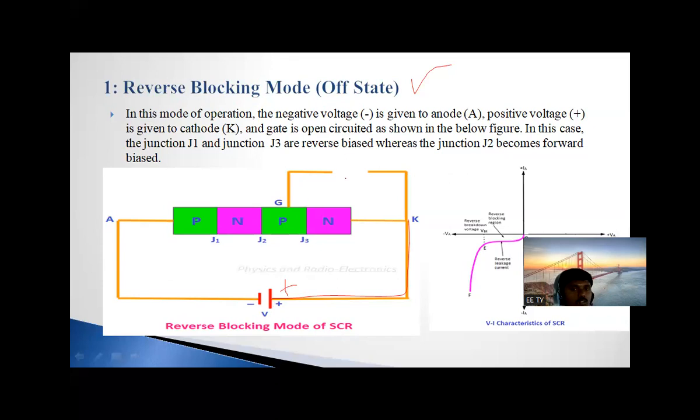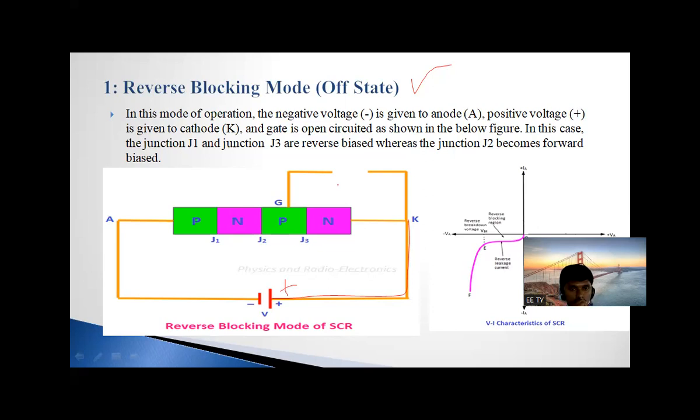And the gate should be open, because the SCR has three terminals: one is the gate, another the anode, another the cathode. We are not giving any supply to the gate terminal in the reverse blocking mode. That's the first condition. The second condition is the cathode terminal connected to the positive supply and the anode terminal connected to the negative supply.